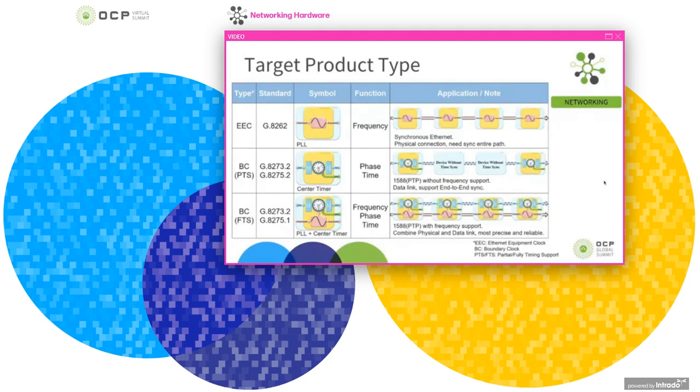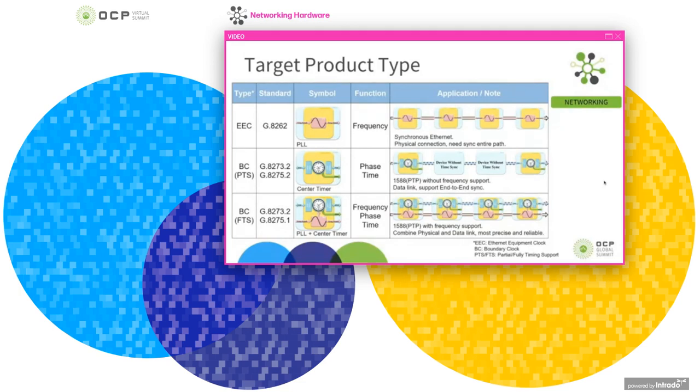Here it is separated into two types: partially time support and fully time support. In the partially time support, we provide a center timer in order to deal with phase synchronization and time synchronization. In the application, it is much more flexible because you don't need the whole networking to support time sync.